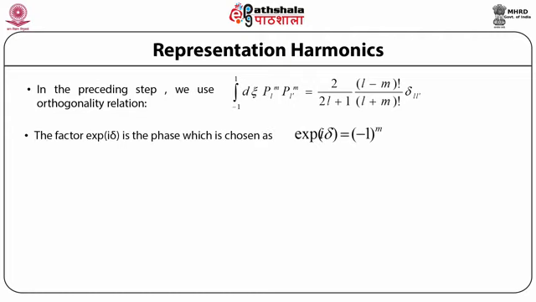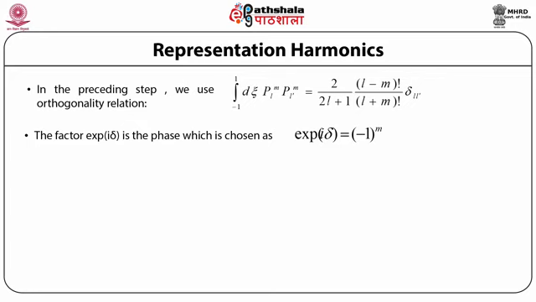Here the factor exponential to the power iota times delta is the phase which is chosen such that exponential to the power iota times delta is equal to -1 to the power m.